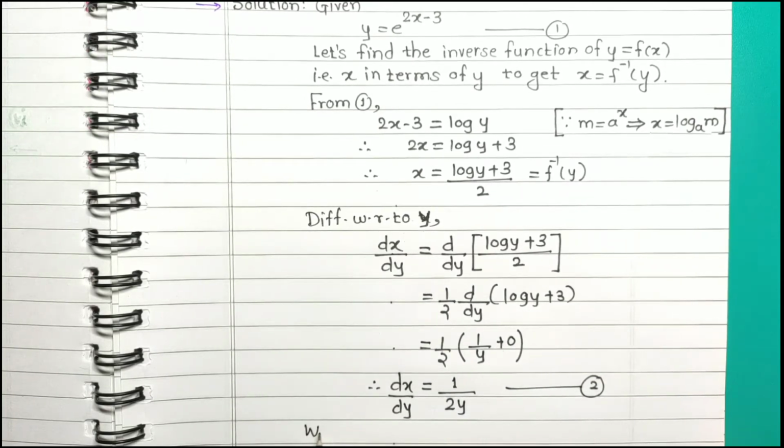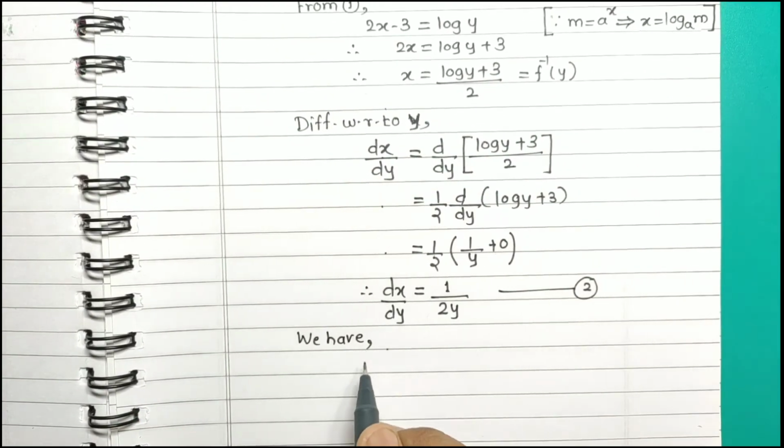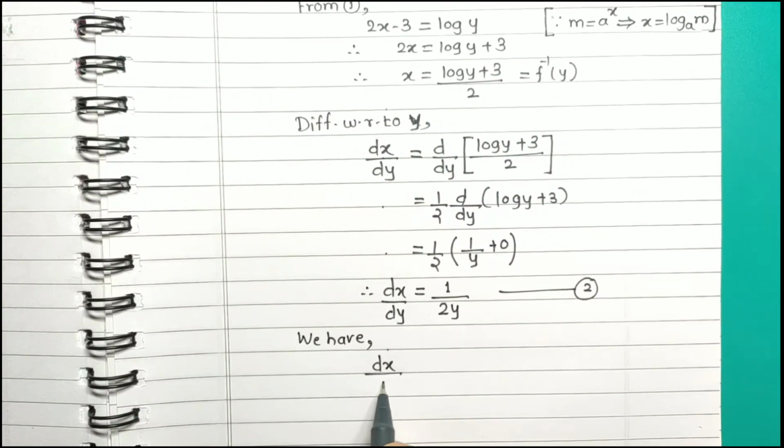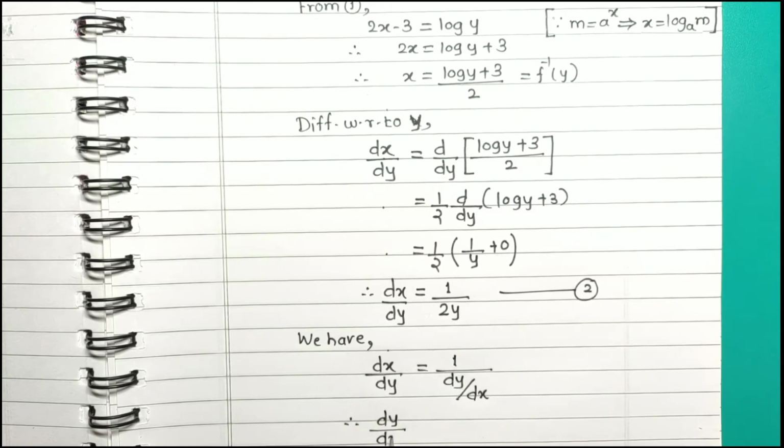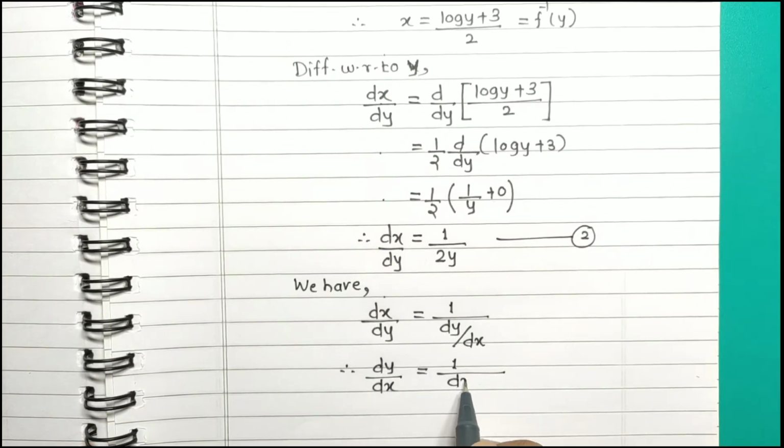And we have the result dx by dy is equal to 1 upon dy by dx, and therefore you can write this equation directly also: dy by dx is equal to 1 upon dx by dy.